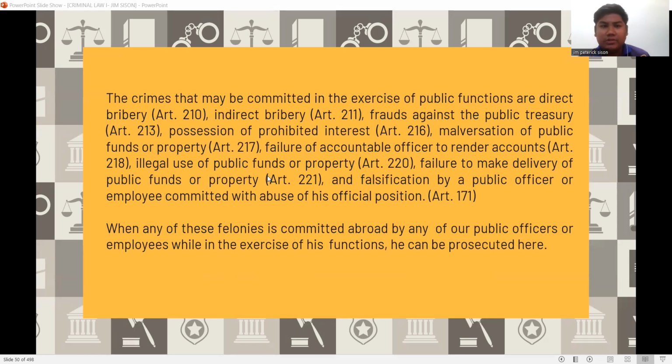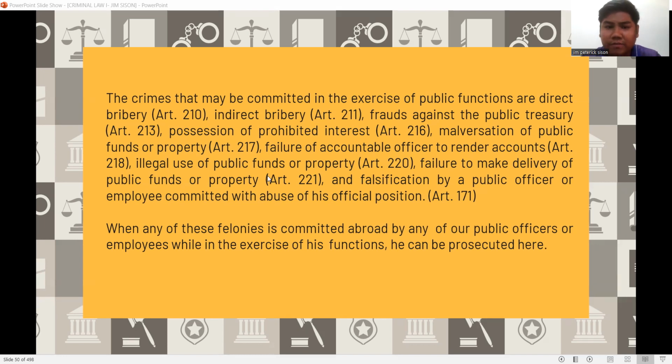So, the crimes that may be committed in the exercise of public functions are, take note, direct bribery under Article 210, indirect bribery under Article 211, then frauds against public treasury, Article 213, then possession of prohibited interest, Article 216, and malversation of public funds or property, Article 217, or failure of accountable officer to render accounts, that's Article 218.